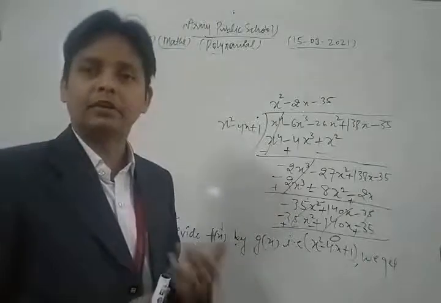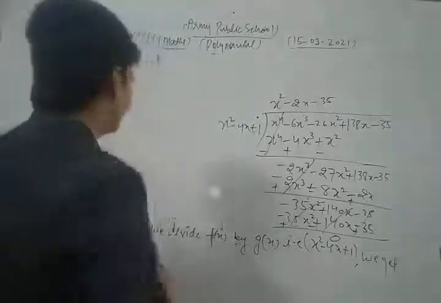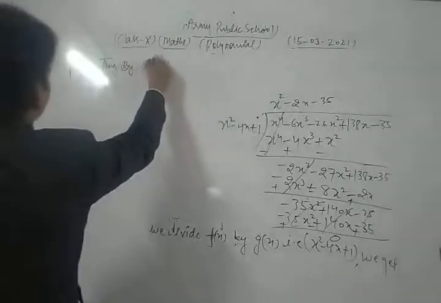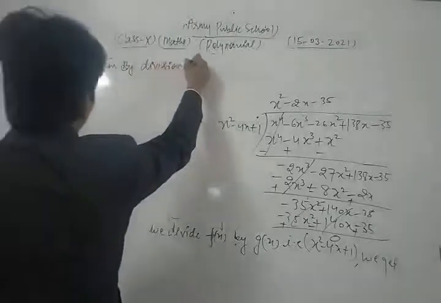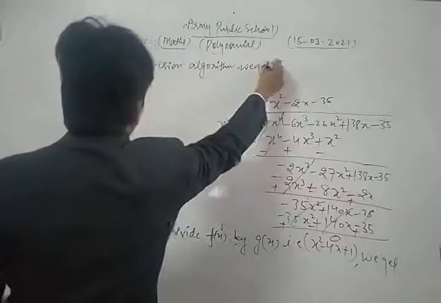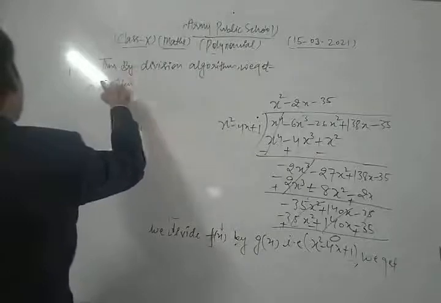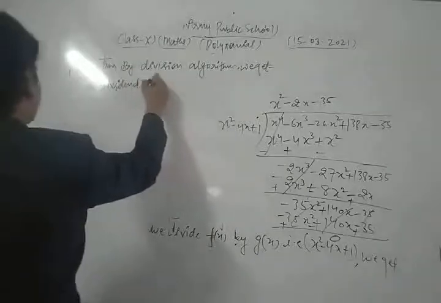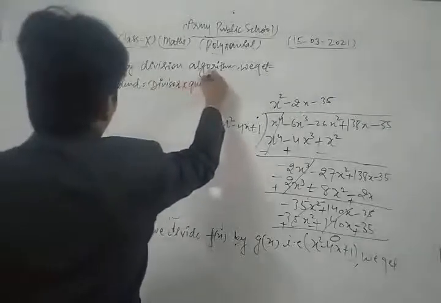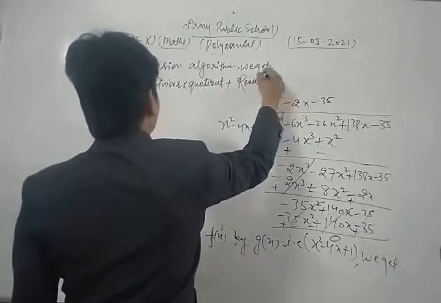Thus by which rule? By using the division algorithm. By the division algorithm we get: dividend is equal to divisor into quotient plus remainder.